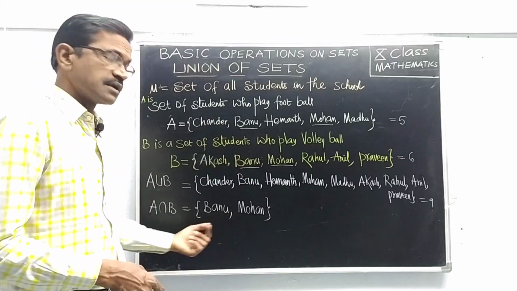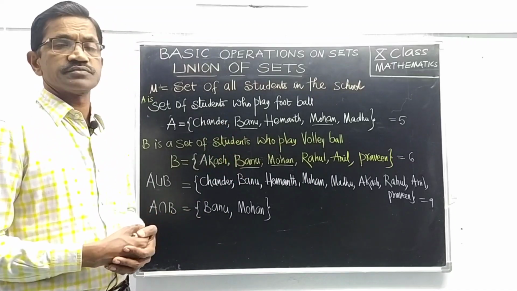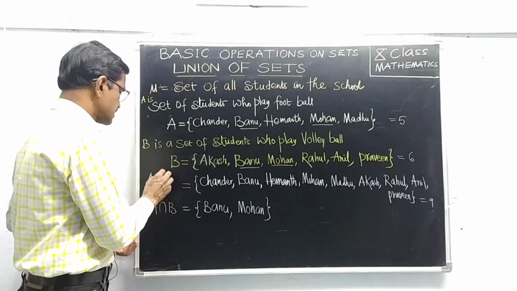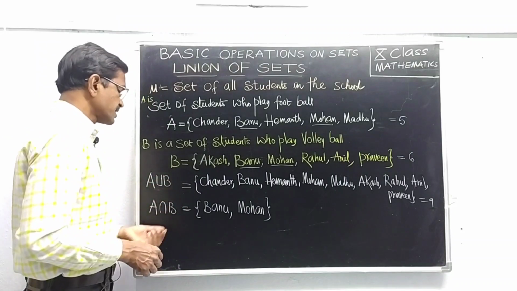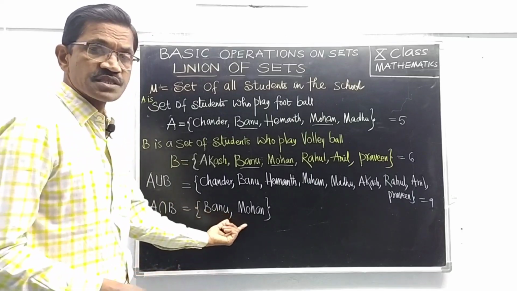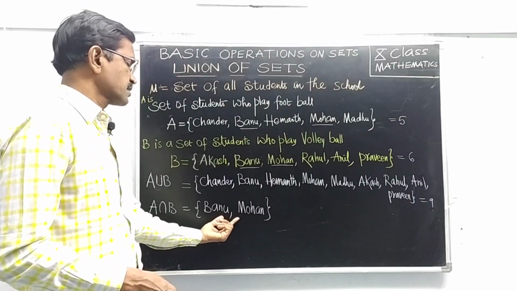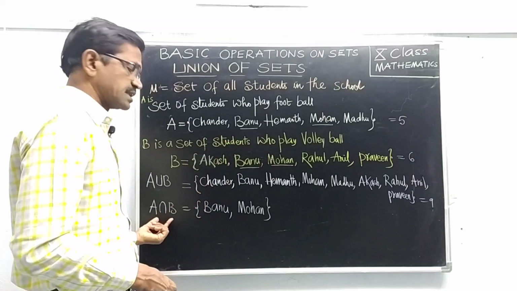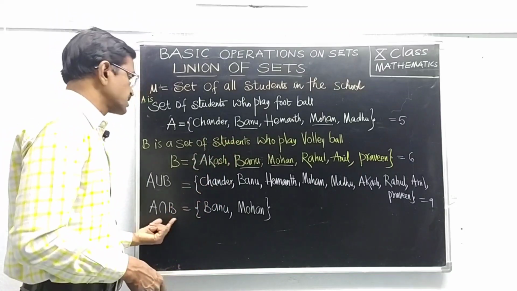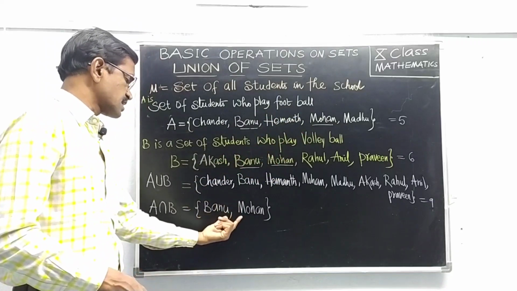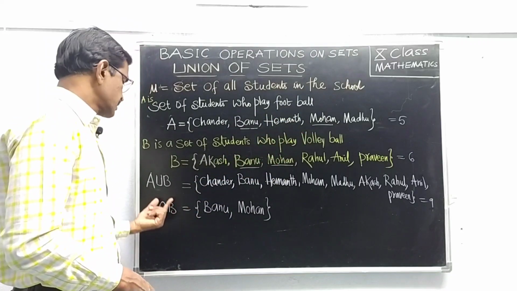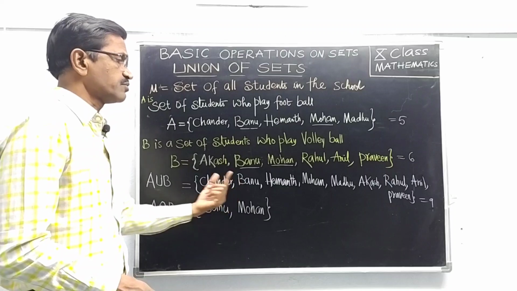This set is called A intersection B. This symbol is union, this is intersection. Intersection means the set of elements which exist in both sets. They are in A and they are in B. So this set is called A intersection B, and this set is called A union B.